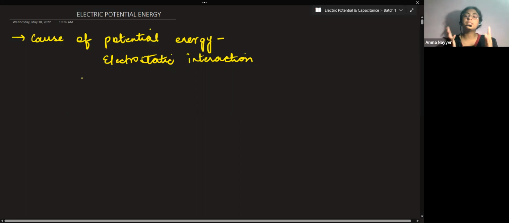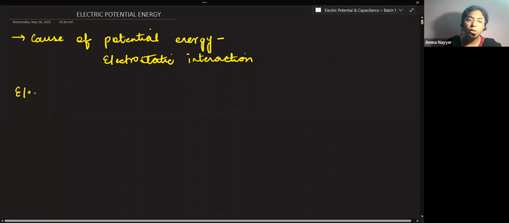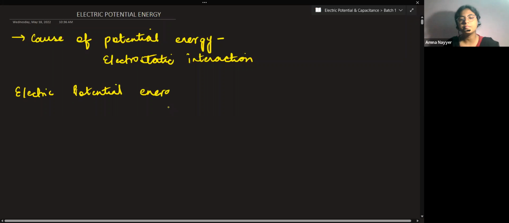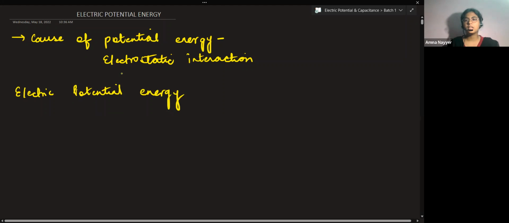Now, specifically, what is meant by electric potential energy, electrostatic potential energy? See, if I have three charges kept at infinity, Q1, Q2, Q3, and now I am making up my system.